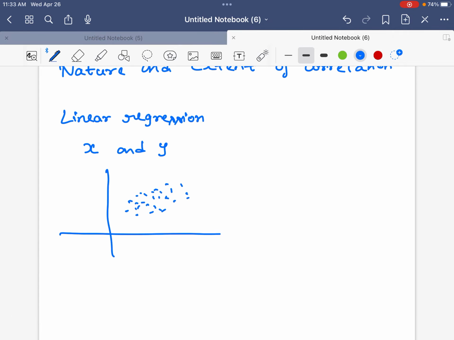Now here we fit a straight line for this scatter diagram by the concept of curve fitting of a straight line by the least square method. The line of regression is the straight line which gives the best fit in the least square method.